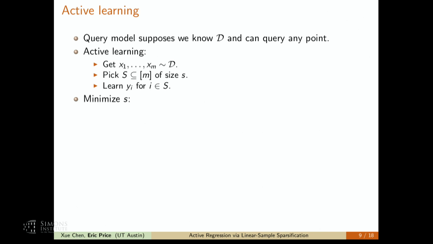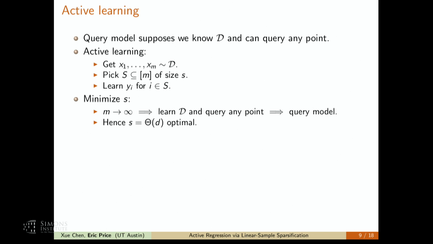Now we learn the distribution, and we can query any point we want in the support of the distribution because we have all the points. So this is precisely the query model. That means we know that theta of d samples is necessary and sufficient, at least for linear spaces.